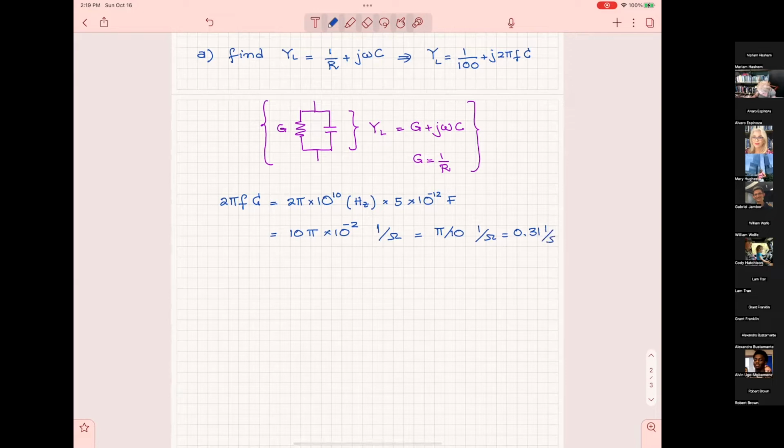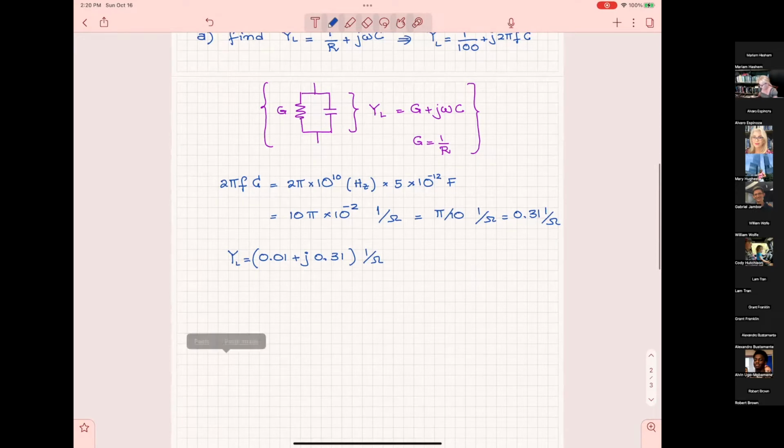1 over ohm. All right, so now I'm going to sum the two, and I have YL is 0.01, that's the 1 over 100, plus j 0.31, and all of that is in 1 over ohm. So now we have YL.